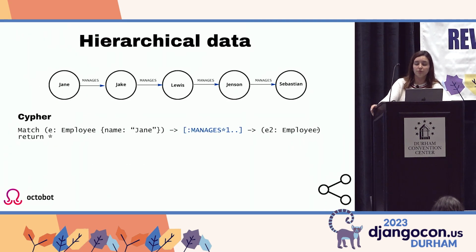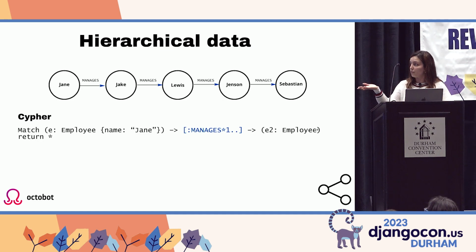So one powerful feature of Neo4j is the ability to query for paths of arbitrary length. This allows us to find a connection between nodes that we didn't know was there, or even without knowing the length of these connections.